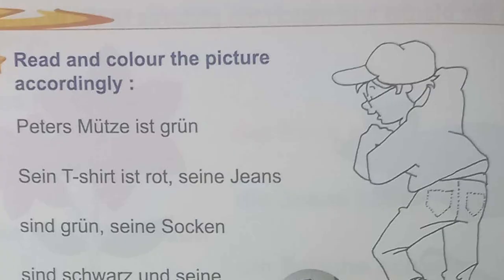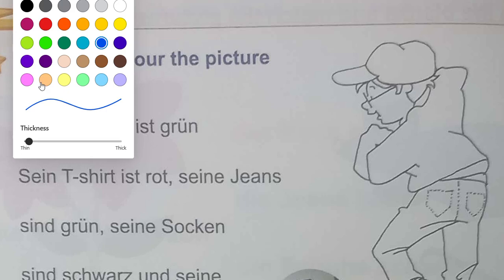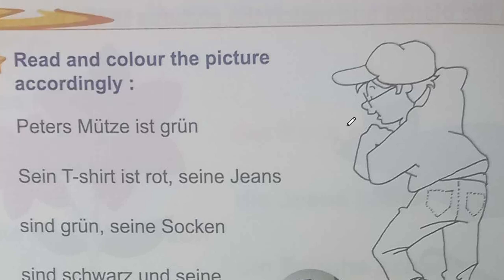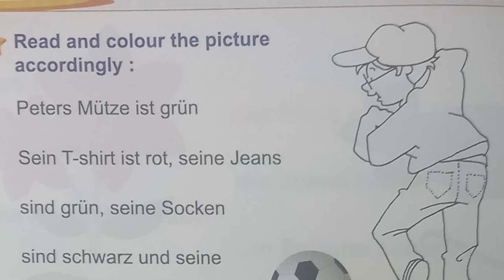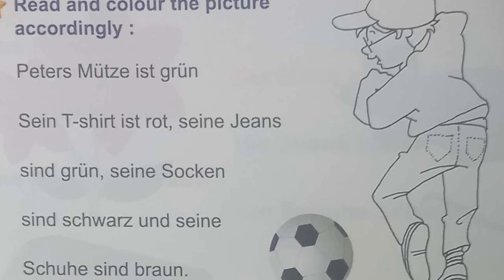Okay. Now what we have is that we have to read and color according to the picture. So we see a picture. This is Peter over here, and we have to see what are the things given. Peters Mütze ist grün. That means Peter's cap is green. Mütze is cap, grün is green.